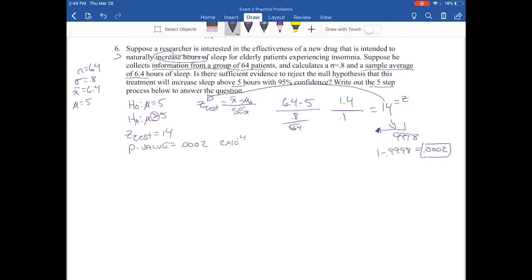Either one is fine. Now we're going to look at the significance level. I'm going to just put sig level. So the sig level is found on page 204. It tells you at the p-value what is the significance of that p-value. And you'll look and you'll see that this is highly statistically significant.